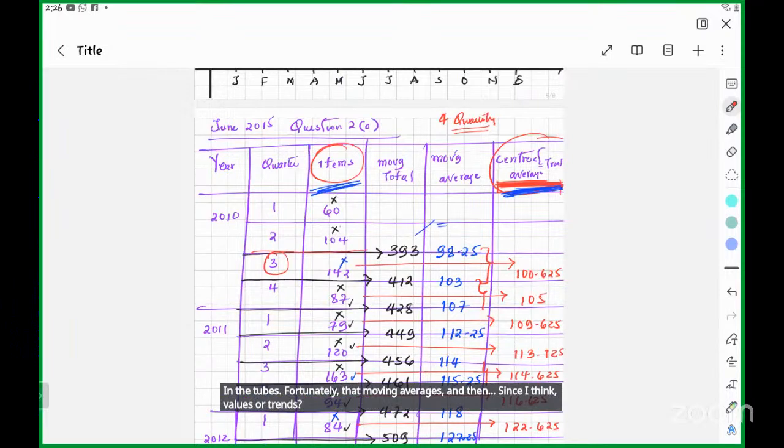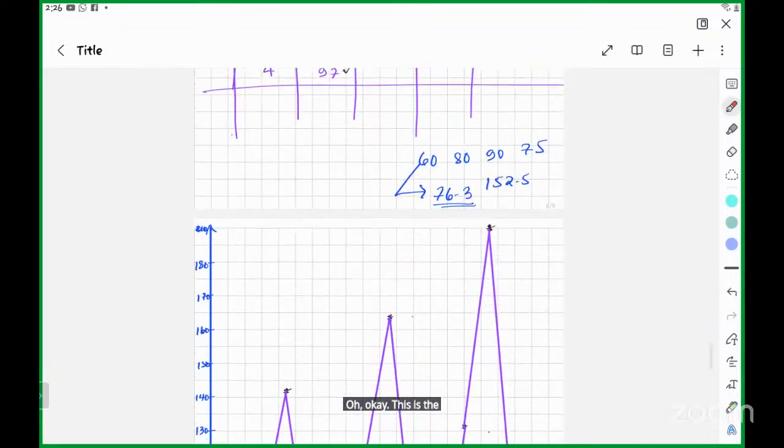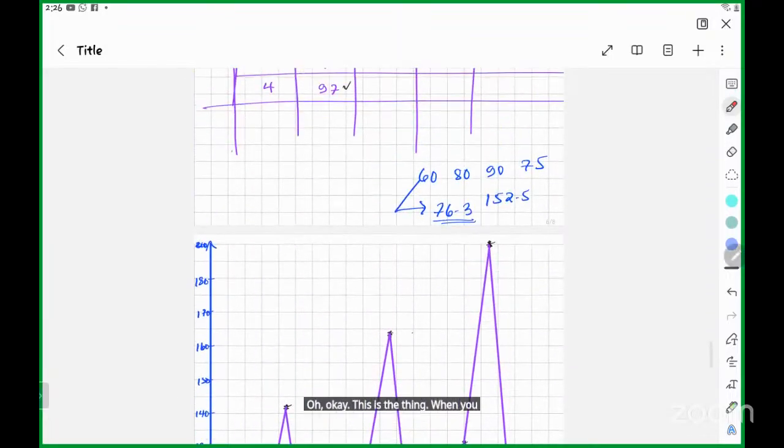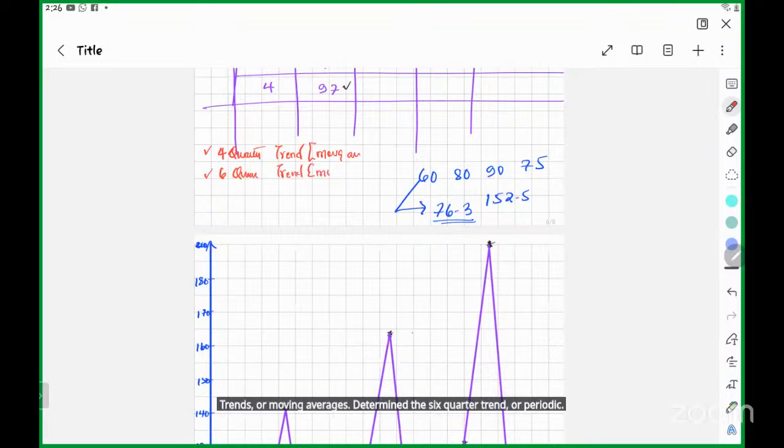Oh, okay. When the data is even, the question says determine the four quarterly trend or moving averages, or determine the six quarterly trend or moving average.